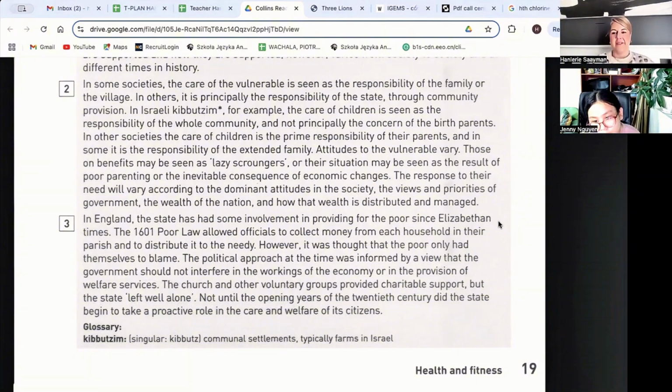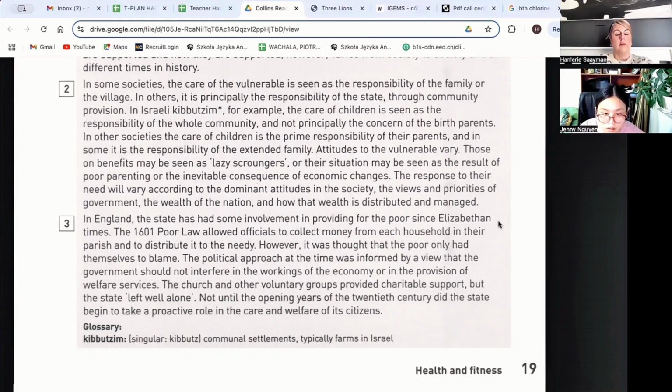Elizabethan, yes. In Elizabethan times, the 1601 Poor Law allowed officials to collect money from each household in their parishes to distribute it to the needy. However, it was thought that the poor only had themselves to blame.